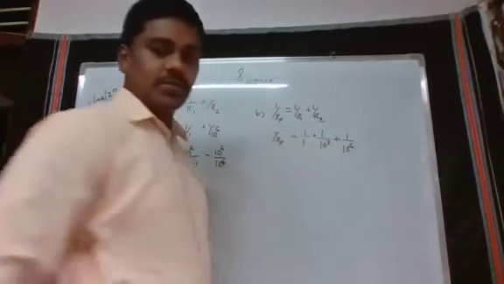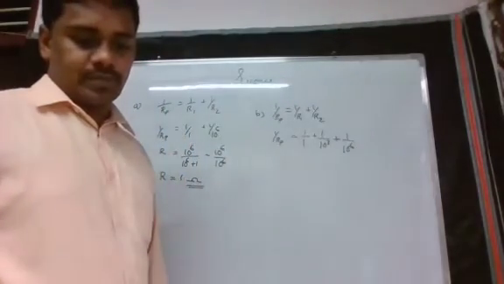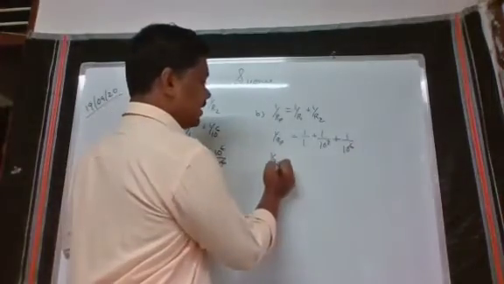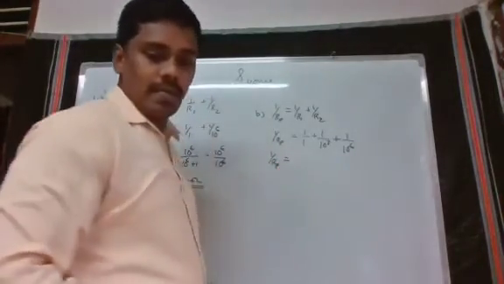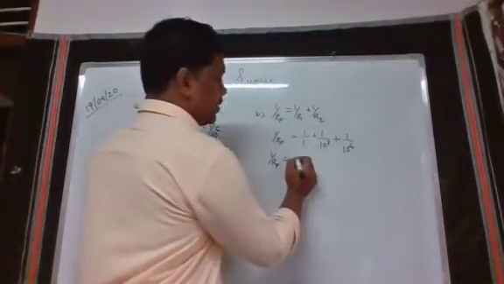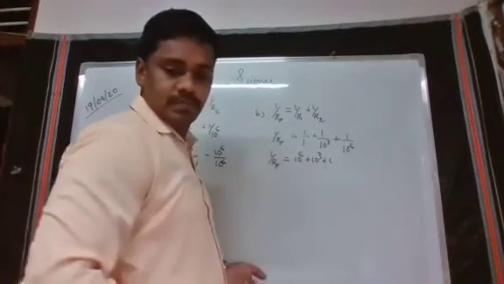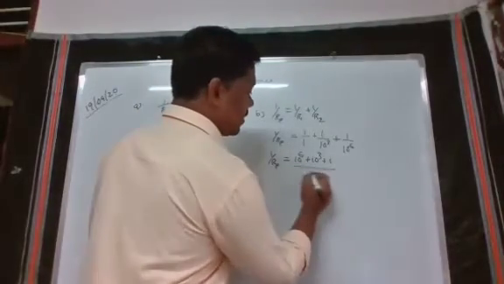Clear? Then 1 by Rp is equal to (10 raised to 6 plus 10 raised to 3 plus 1) by 10 raised to 6.